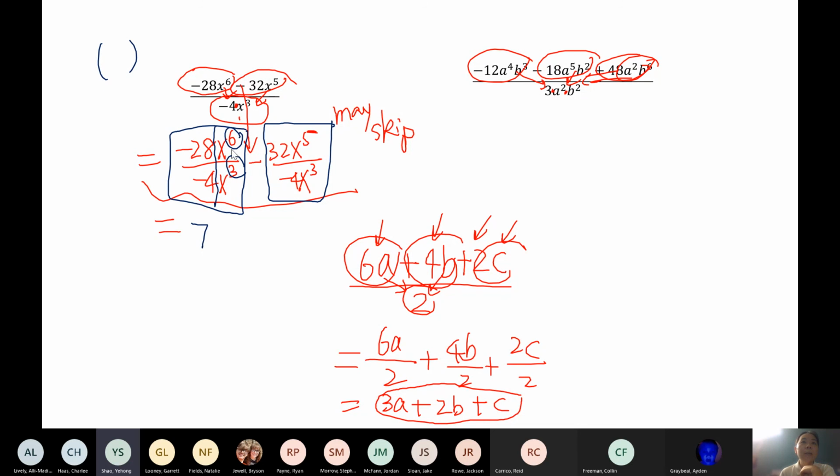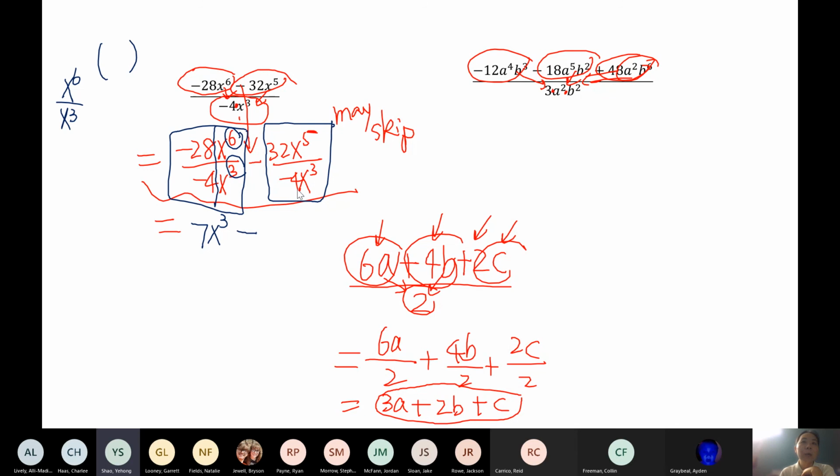Okay, and then what about x to the sixth divided by x cubed? That's 3. Say the base also. That would be x to the third. Okay, you will keep the base x. You subtract the 3 from 6. So the answer should be 7x cubed for that part.